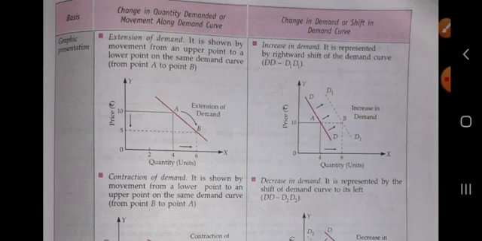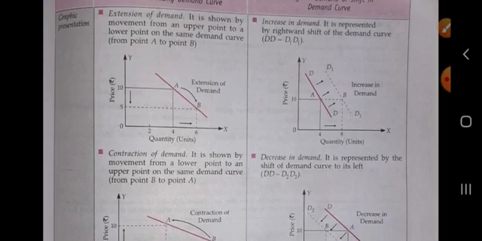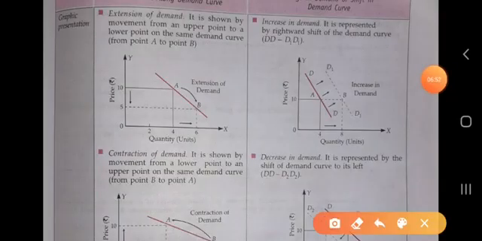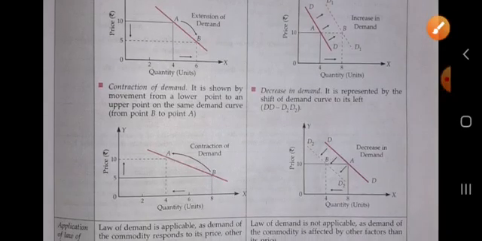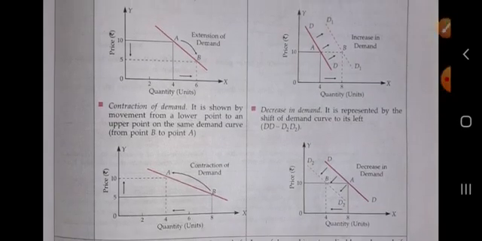In the case of extension, the point is moved from upper to lower, but along the same demand curve. But in the case of contraction of demand, it is movement along the same curve from the lower point to the upper point, just opposite to each other. Just see the diagram of both.